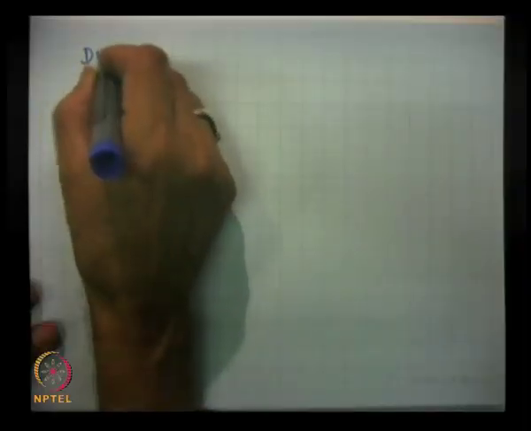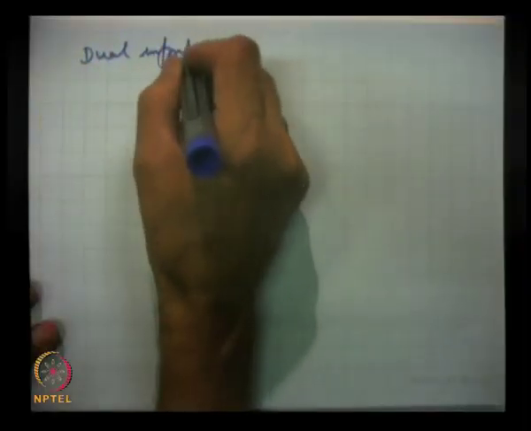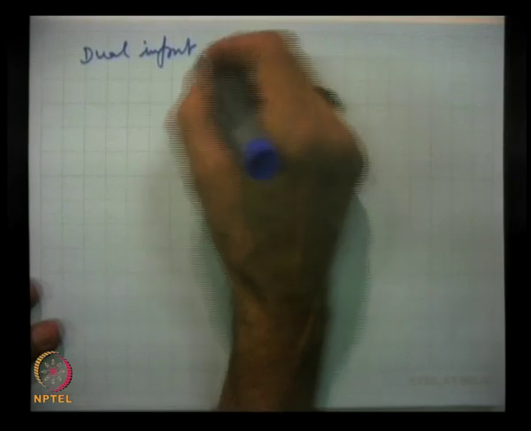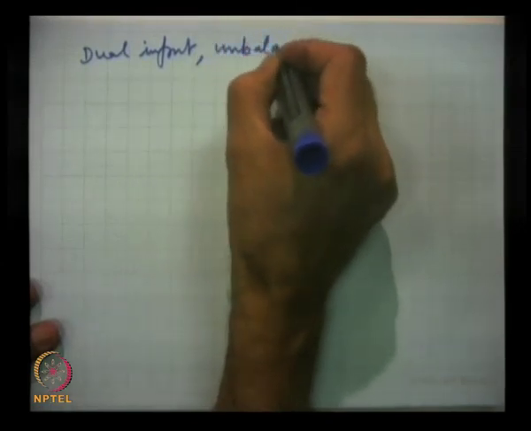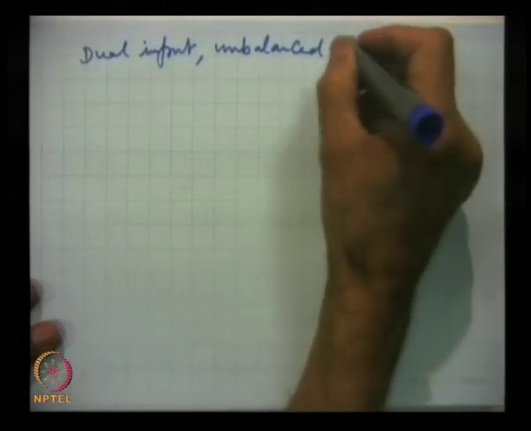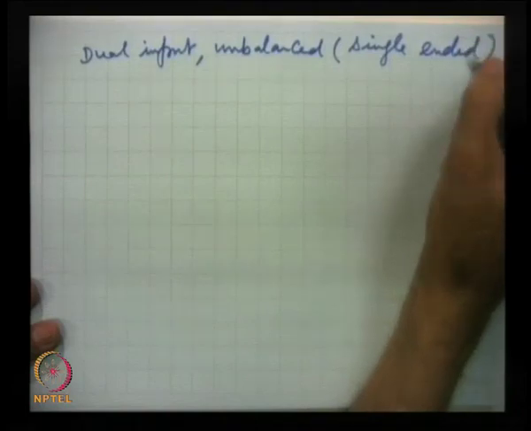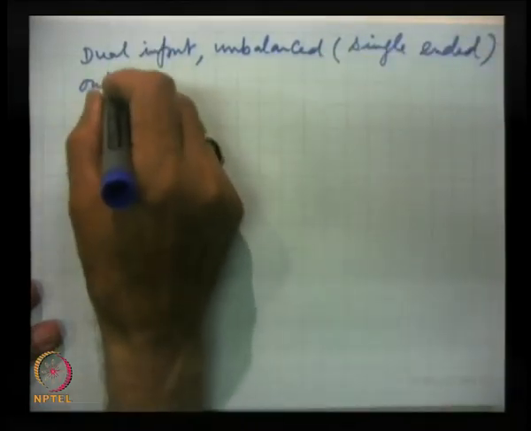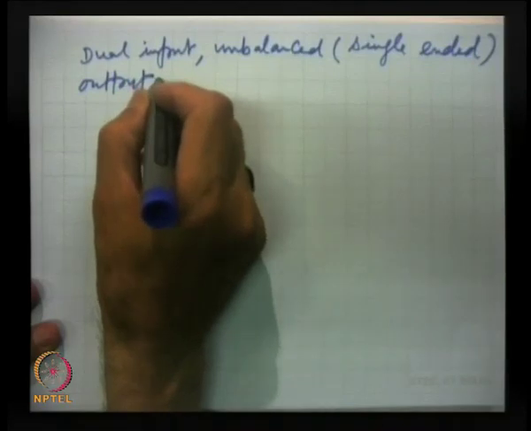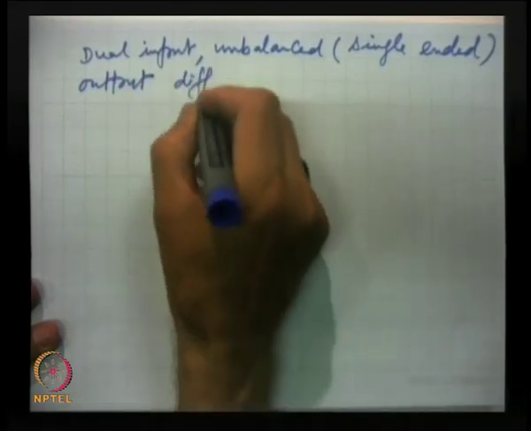This is sometimes used; there are some special situations where this configuration proves useful. So, this is dual input and unbalanced, that is single ended, output differential amplifier.